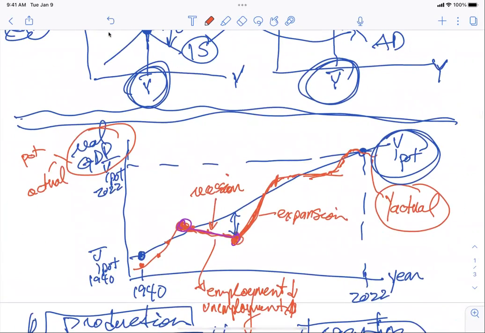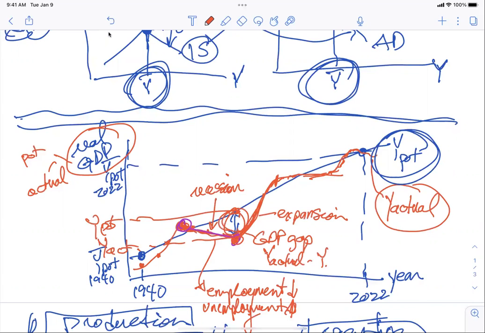When the actual level of GDP is below potential GDP, that's a recession. There's what's called a GDP gap. The GDP gap is the actual minus potential, you can do this either way.